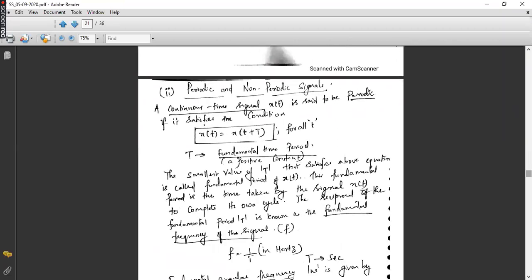Each question carries 1 mark, and it will be different questions for different students. You will have a link in your Google Classroom. You will have 10 to 12 minutes, depending upon the complexity of the question. It can be a problem question or a theoretical question, and depending upon that, you will be allotted time. Within that time, you have to submit it.